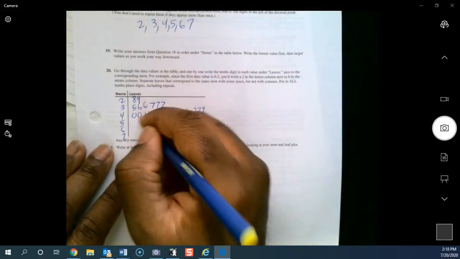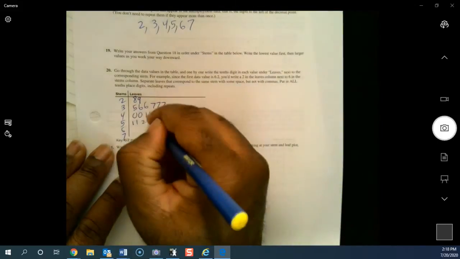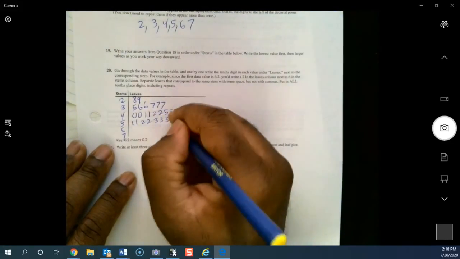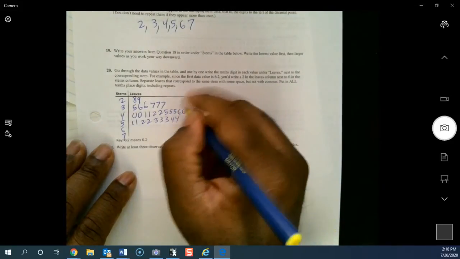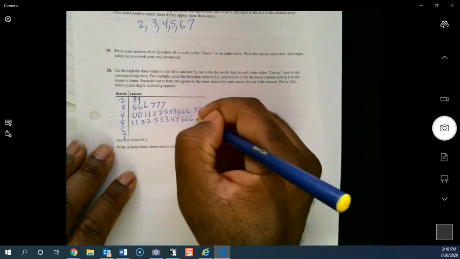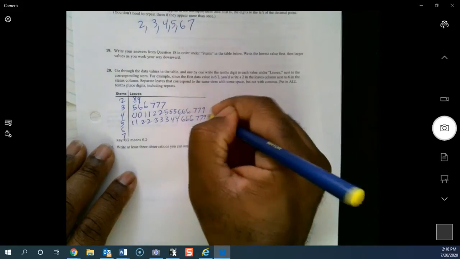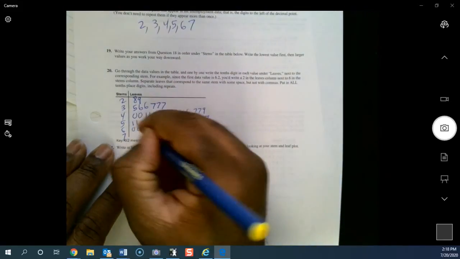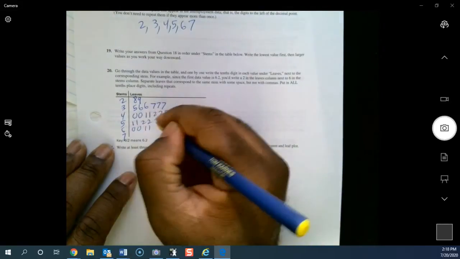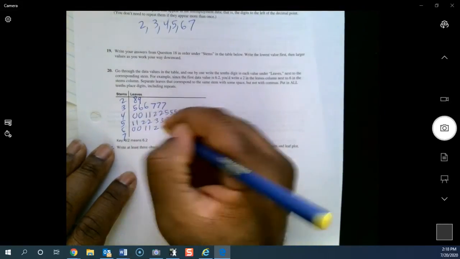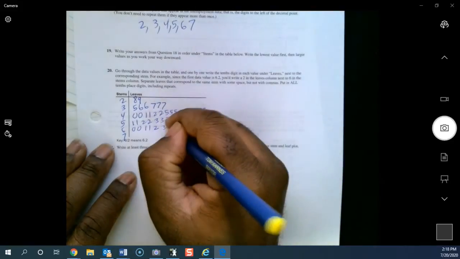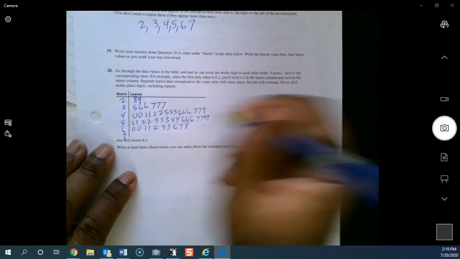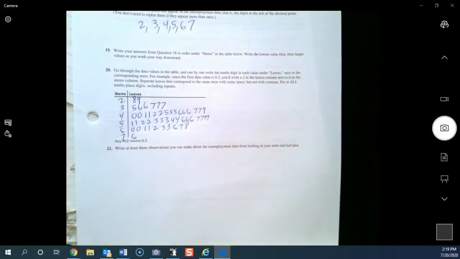For the 5, you add 2 1s, 2 2s, 3 3s, 2 4s, 3 6s, 2 7s, and 2 9s. For 6, we add 2 zeros, 2 1s, a 2, 2 3s, 6, 7, and 8. And then finally 7, you have a 6 here.